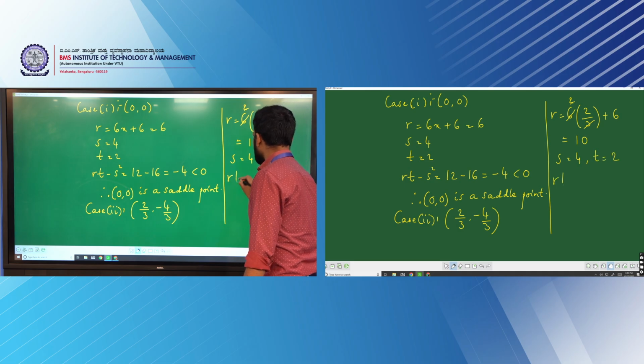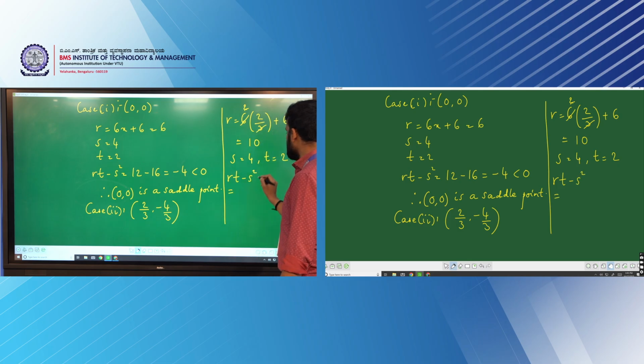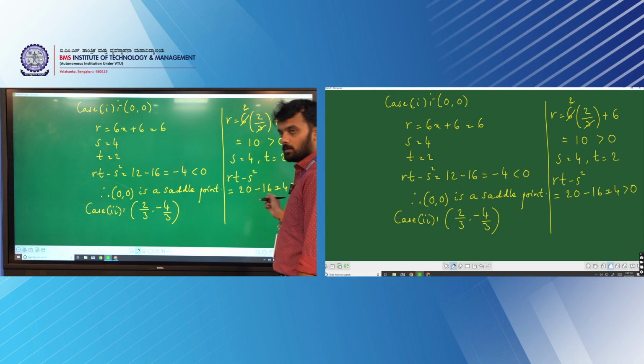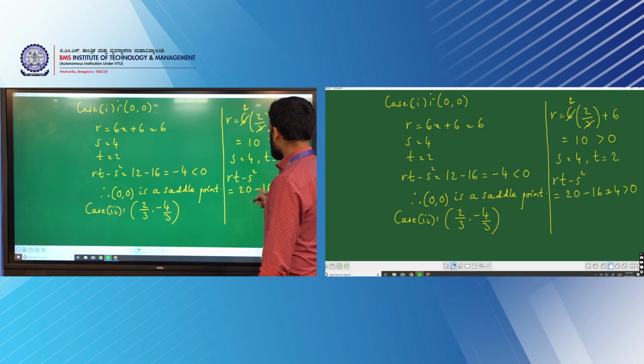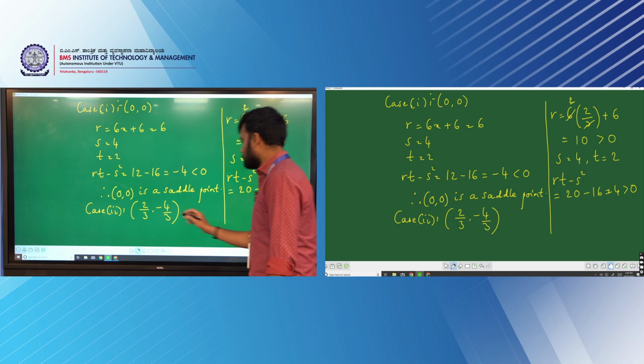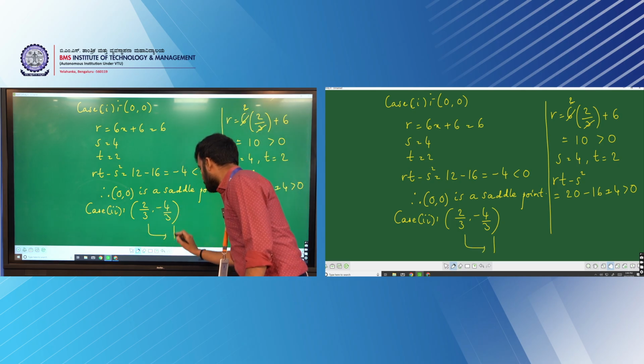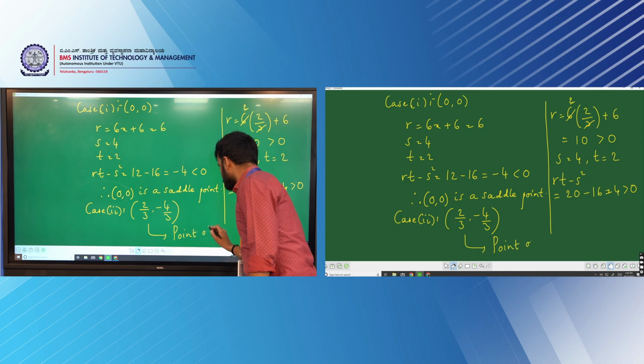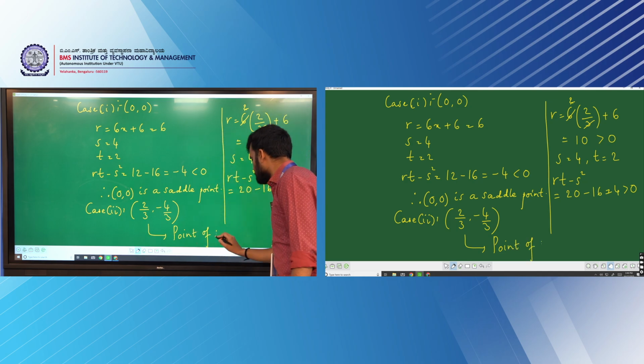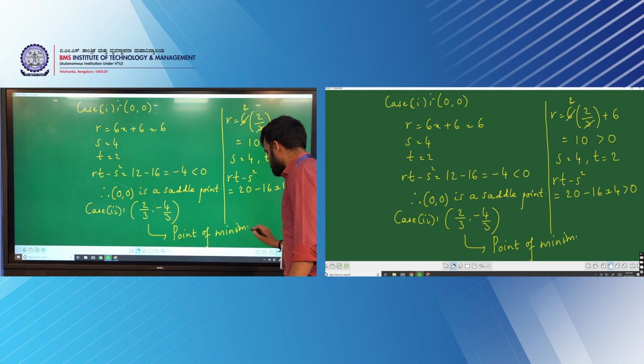So rt minus s square is going to be r into t, 20, minus s square, 16, which is 4, which is greater than 0. So r was also greater than 0, and rt minus s square is also greater than 0. Since both of them are greater than 0, we can conclude that the given point, 2 by 3 comma minus 4 by 3, is a point of minimum, because both of them are greater than 0. That's what the condition says: minimum.